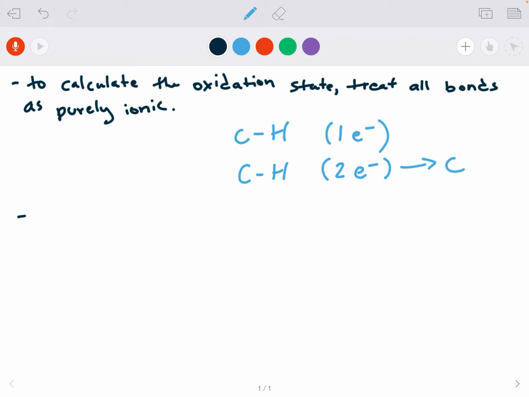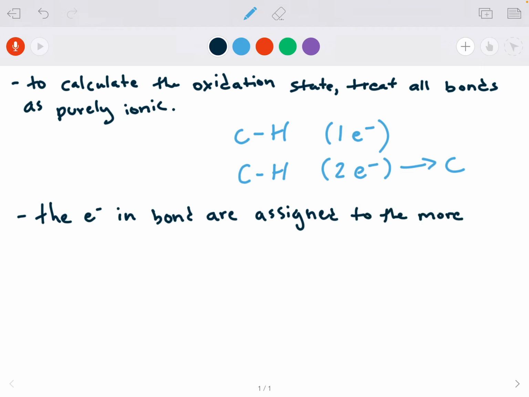So continuing the rules, the electrons in a bond are assigned to the more electronegative atom.